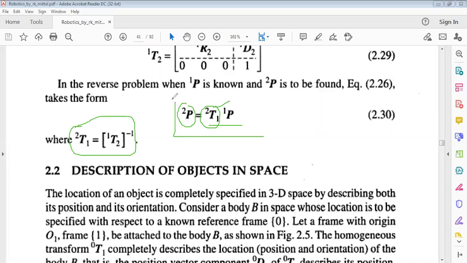The above equation is useful when the frame 2 position and orientation is known and frame 1 is to be found. In this reverse problem, frame 1 is known and frame 2 is to be found, so you have to use this equation.